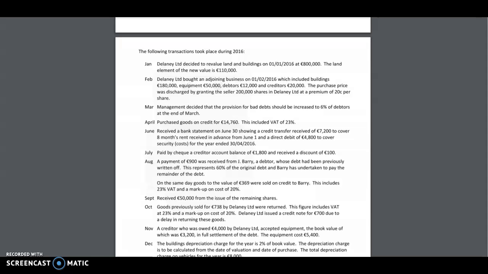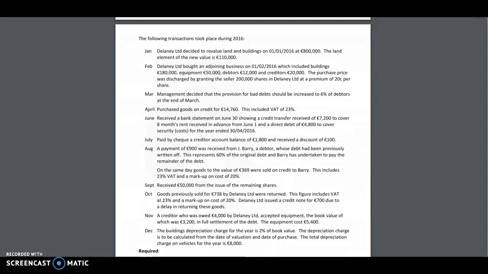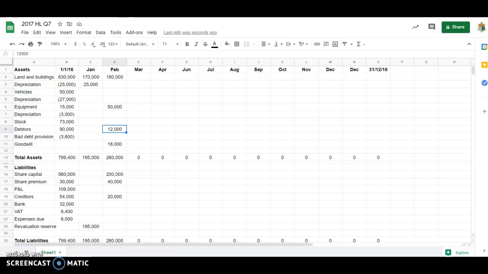Next one then, in March, management decides that the provision for bad debts should be increased to 6% of debtors at the end of March. Okay, so just be careful here. The debtors at the end of March is the 90,000 plus the 12,000.